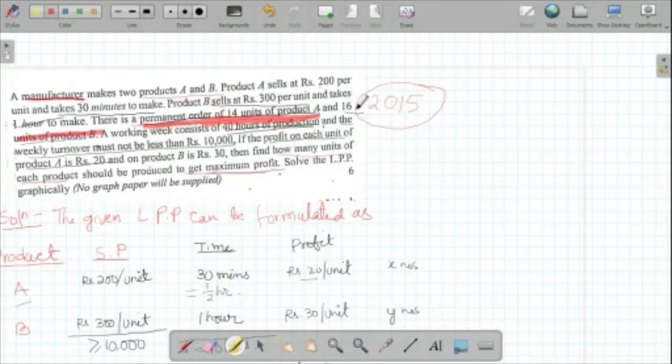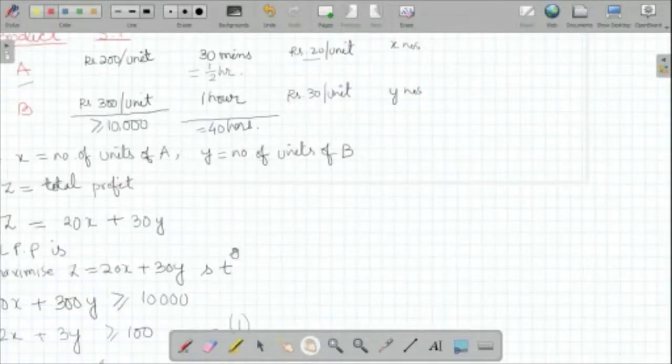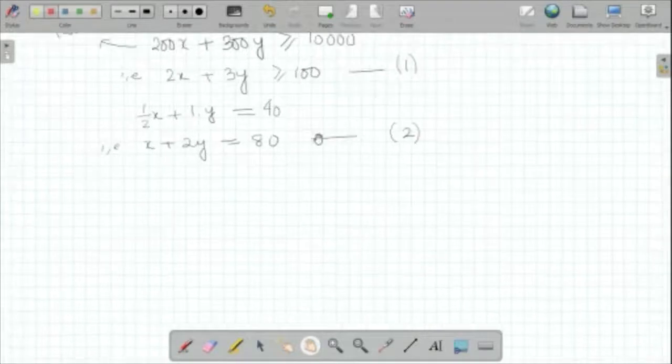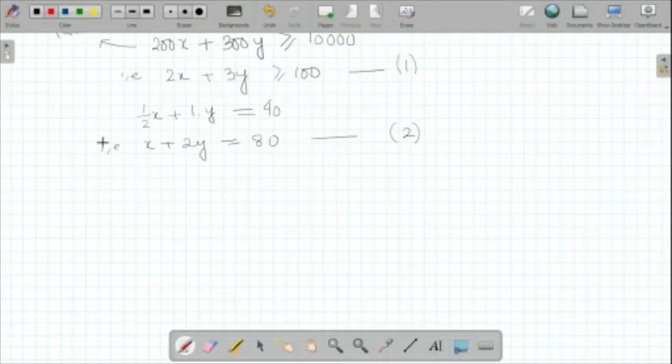See here, 16 units. Okay, other than that we can write here, x greater than 0, y greater than 0. So we will have x permanent order of how much? x is greater than or equal to 14.